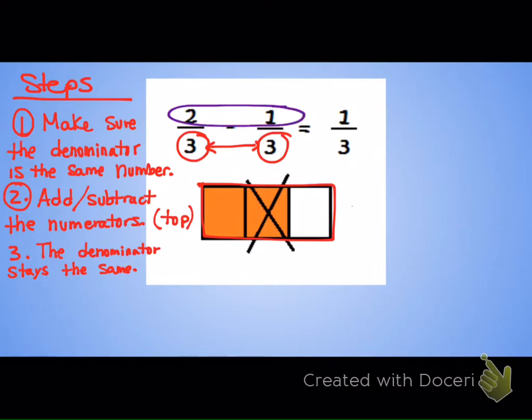The top, our numerator, is doing the subtracting. That's how we end up with 1. But our bottom number, we don't add or subtract the bottom number. That bottom number just gets shifted over. So we still are cutting our pie into thirds, or our pizza into thirds. It's just the amount of pieces, the part up on top, that changes. The whole stays the same.